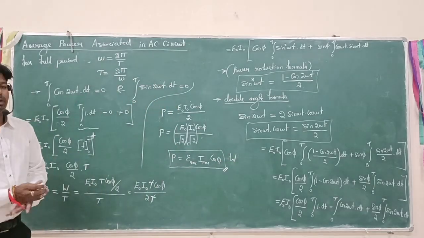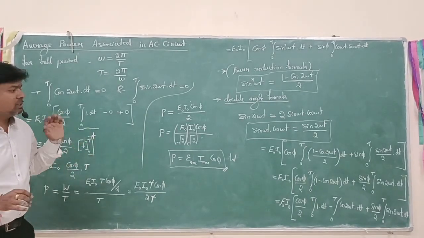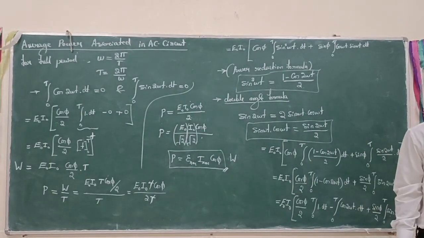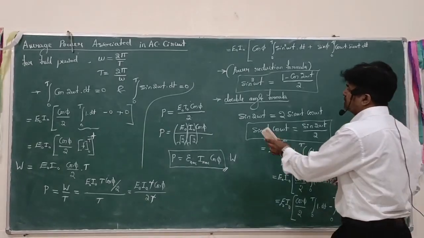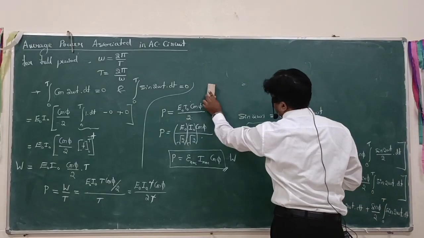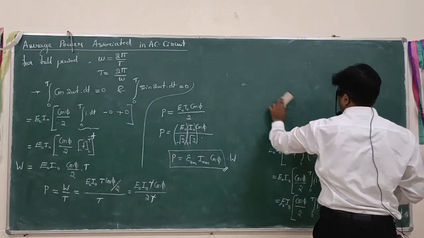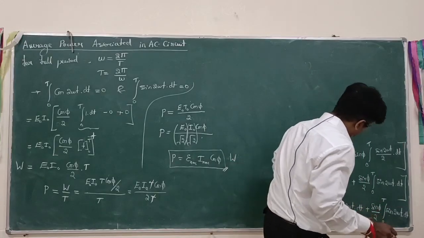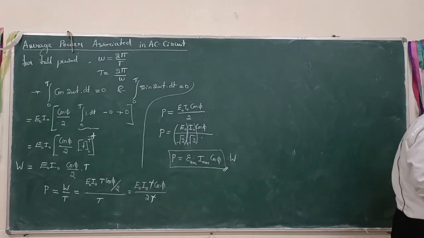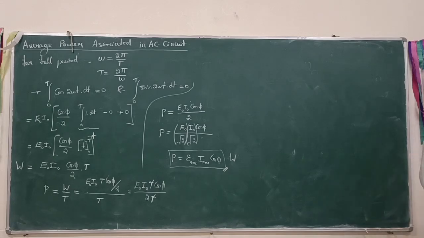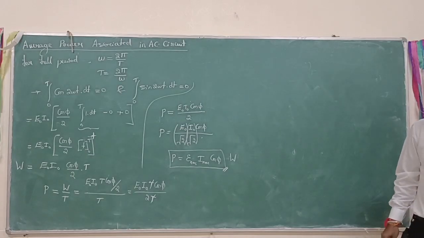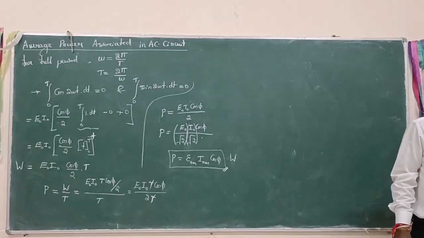This is the expression of electric power in case of AC circuits. Derivations are not asked, but there is a chance of questions coming on the final expressions. That is power in an AC circuit. So this is the average power.